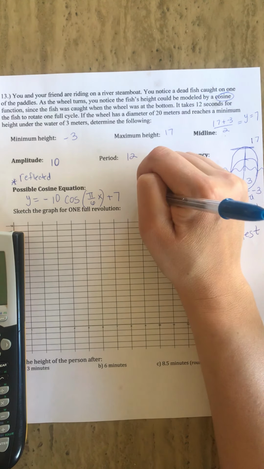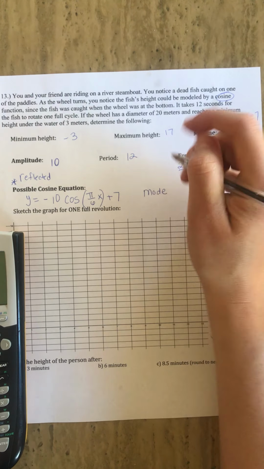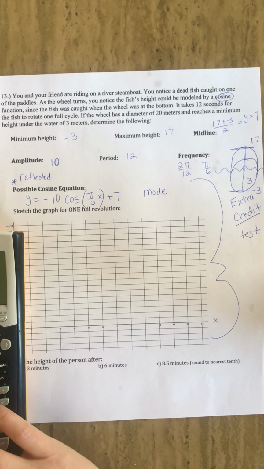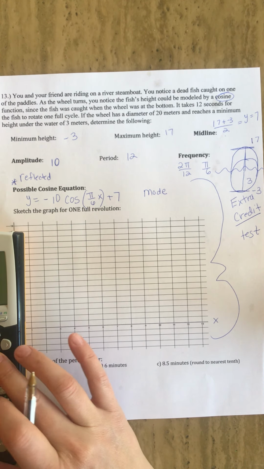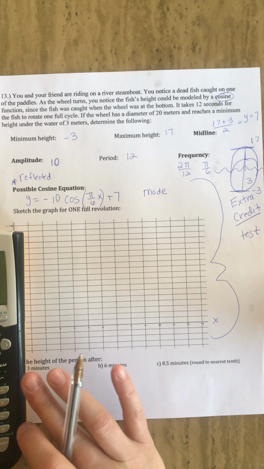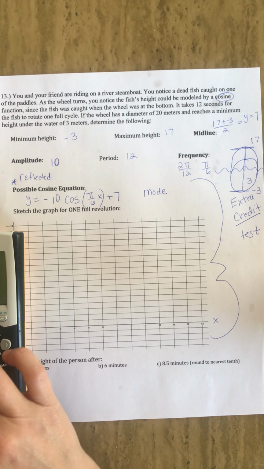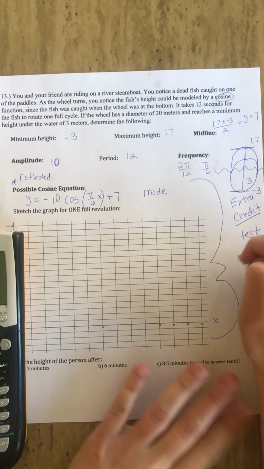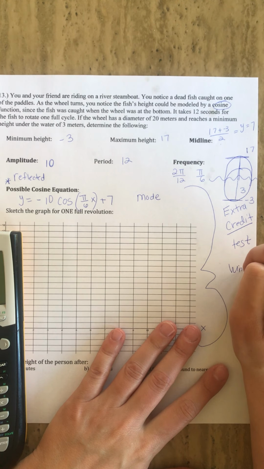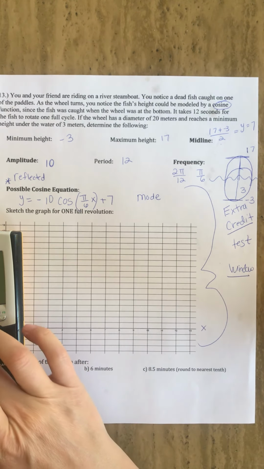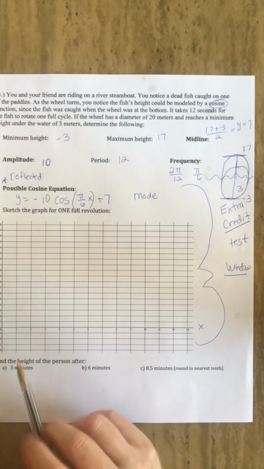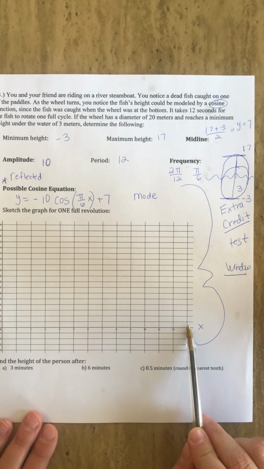So when you guys go ahead and do this, the first thing that you need to do is hit mode, go down to radian, and hit radian and make sure that you're in radian. The next thing you guys need to consider is, again, your window. You can see that your x is going from 0 to 13.